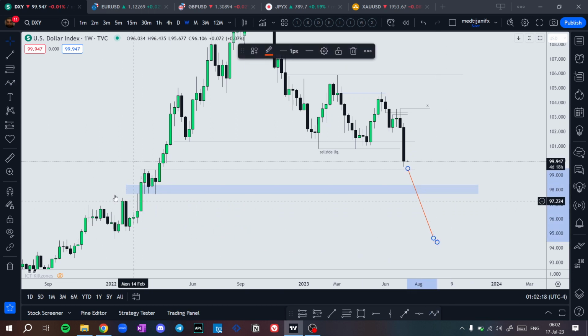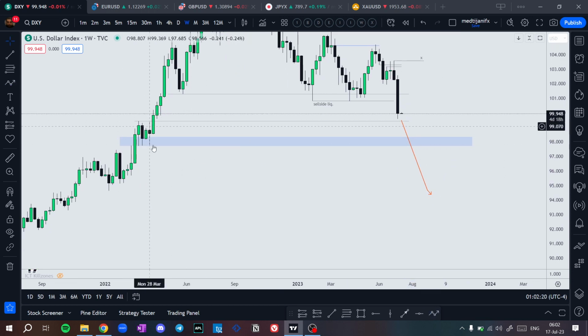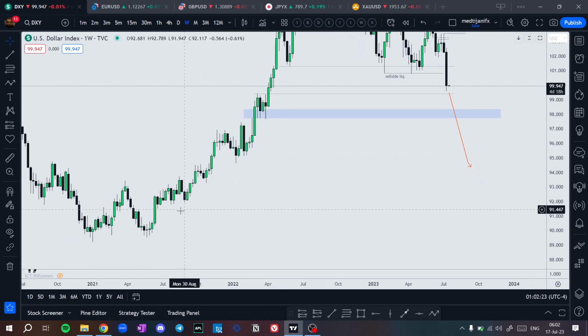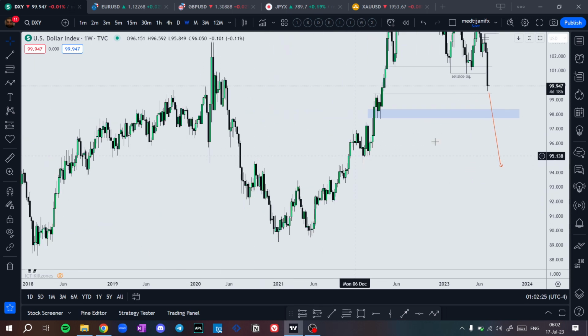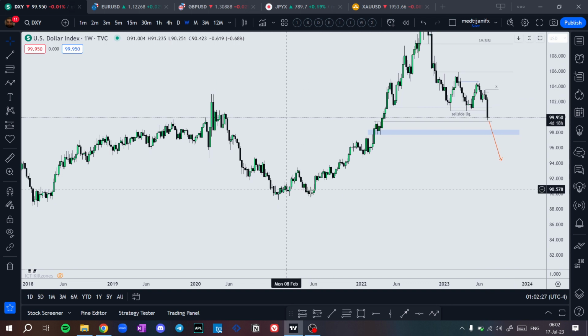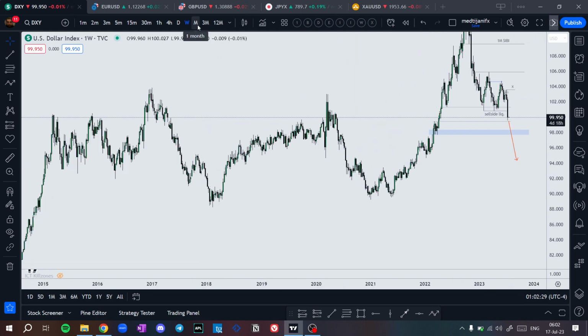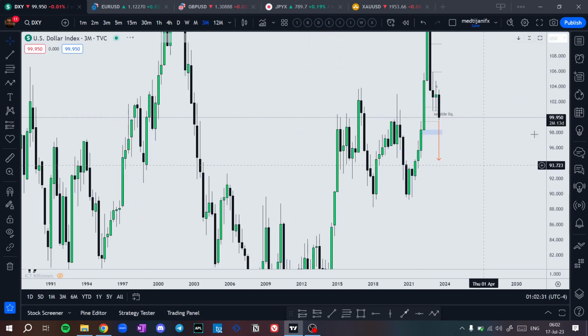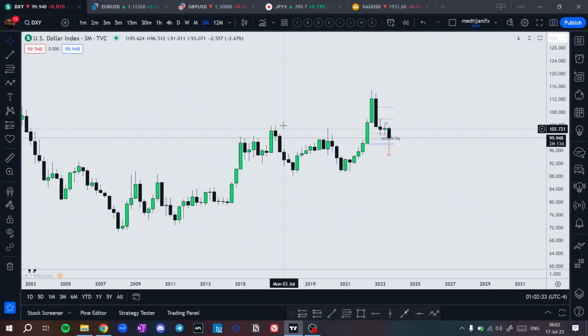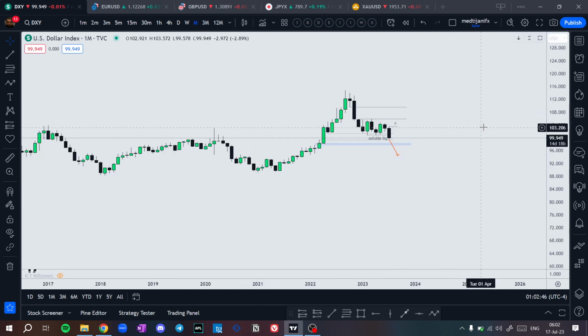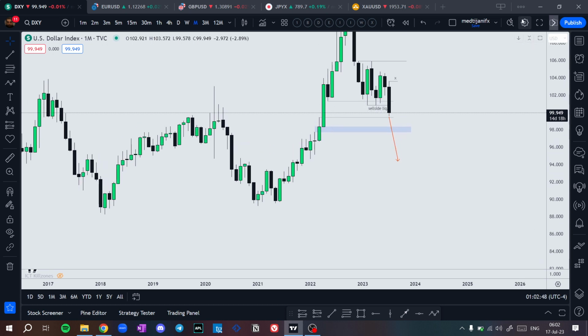Price could also drop lower to take it, and we have a trendline, and we have another equal lows here. And on the higher time frame, on the 3-month time frame, we see that we have an accumulation right here, and we could say this is manipulation and expect a distribution below this accumulation, below these equal lows. But this is on a 3-month time frame, on a quarterly time frame.